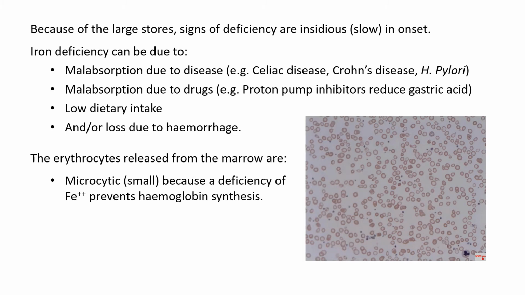In iron deficiency anemia, the erythrocytes that are released from the marrow tend to be very small. They're microcytic, small cytic cell. Because this deficiency of iron prevents hemoglobin synthesis.